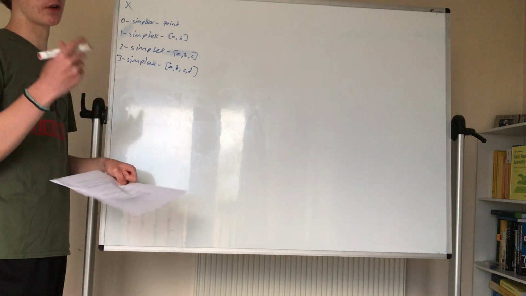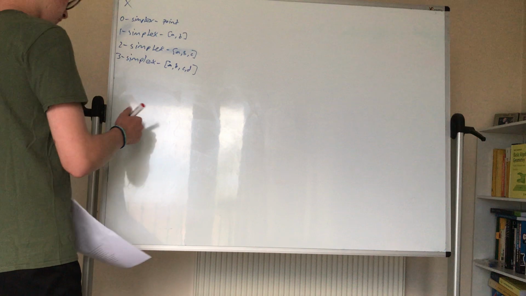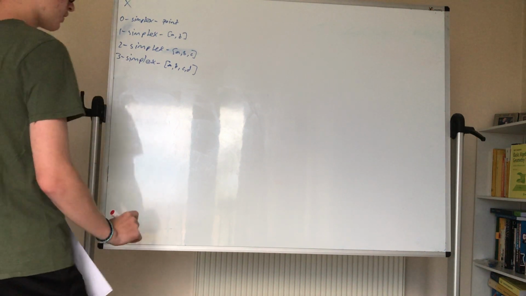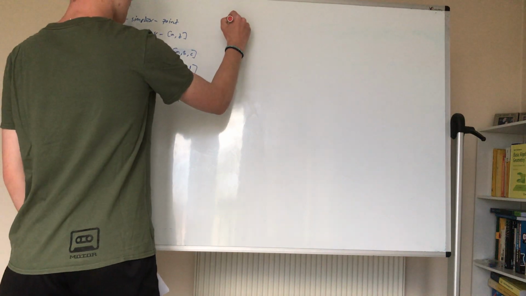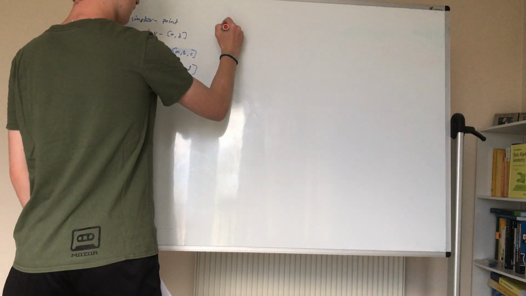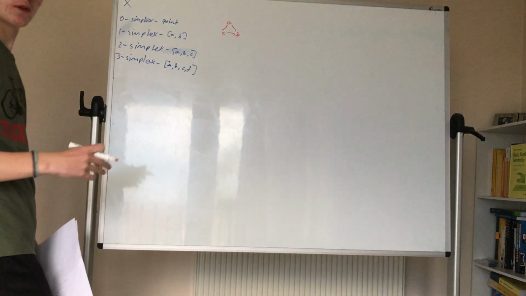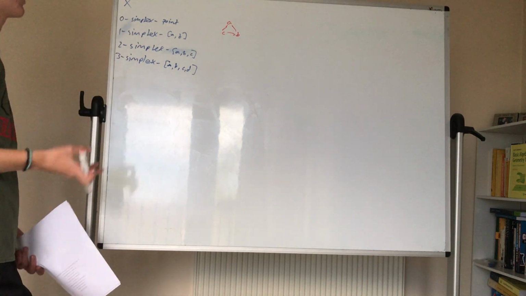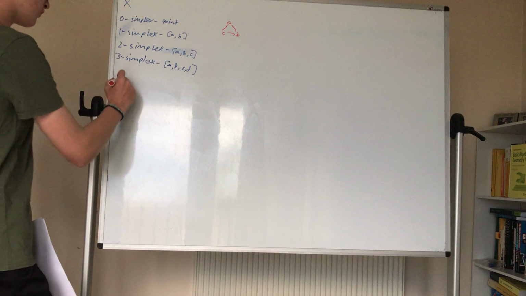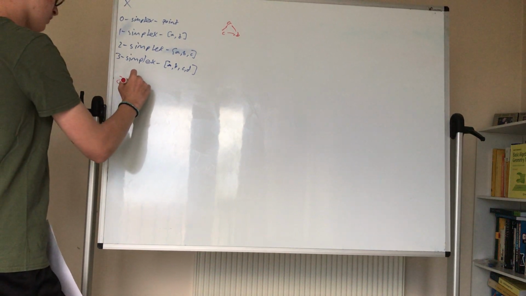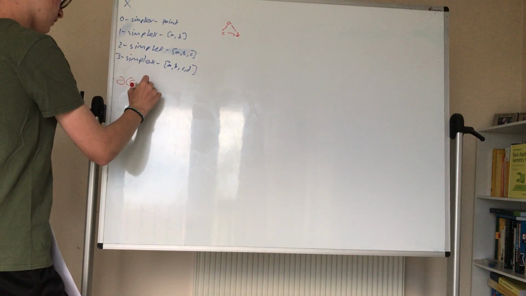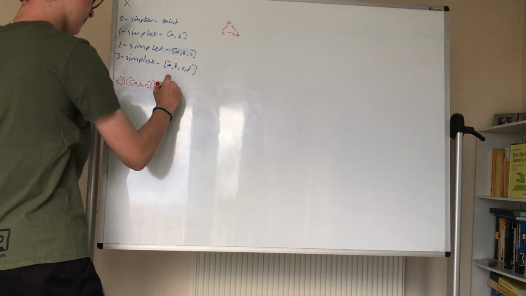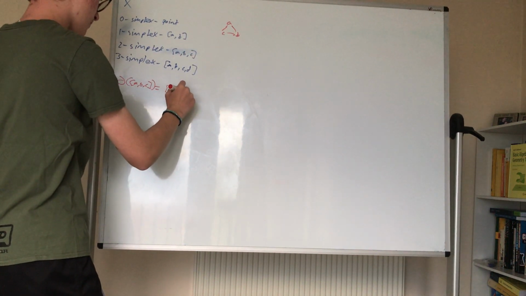Okay, let's make this process a bit more rigorous. So let's consider the boundary operator. Now, we'll consider a triangle for now, A, B, C, like so. Okay, slightly differently to before, but whatever. So, what's the boundary of A, B, C? Okay, so this is equal to AB.